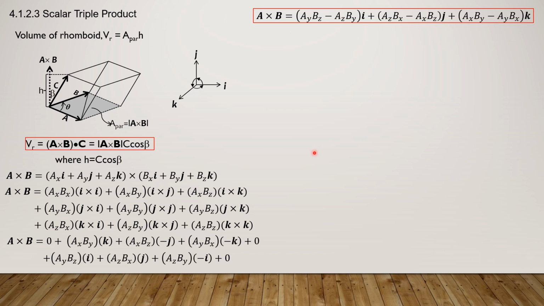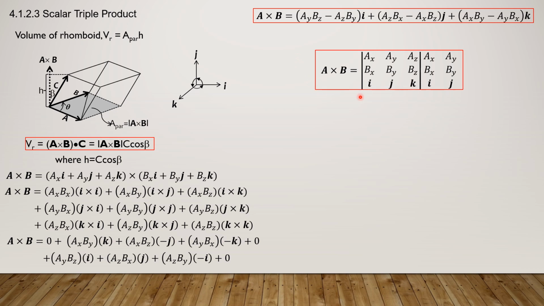But if you don't want to expand the cross product using this guide, if you want to expand it without thinking of the guide, then it's like evaluating the determinant of a 3 by 3 matrix. So you write the components of the first vector, then the components of the second vector, then the unit vectors. Then by expansion, by the basket method, we copy the elements of the first two columns. Then remember, the product of diagonals down to the right is positive, then up to the right is negative.